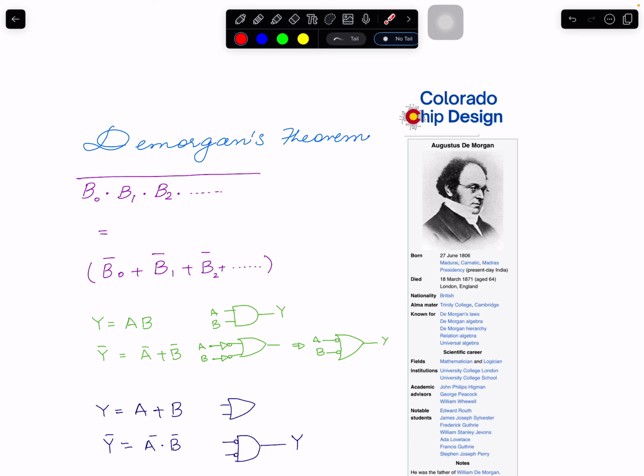Let's say this is Y, and it's a huge AND gate, B0, B1, B2, and say I need the inversion of Y. Maybe you need to invert Y, but you want to write an equation for that. I mean, you can put an inverter there, right?